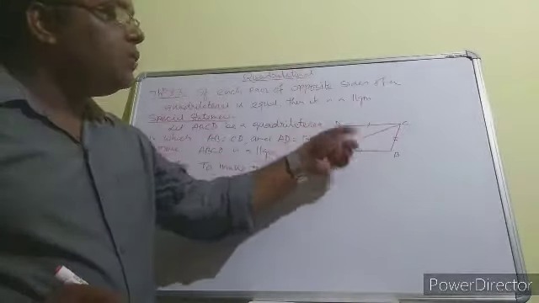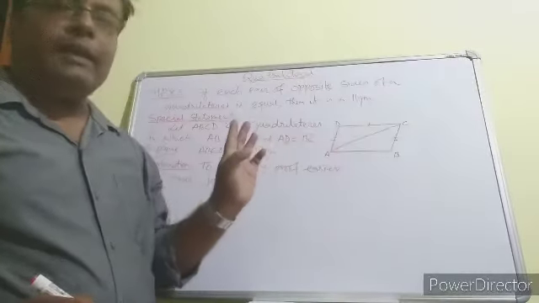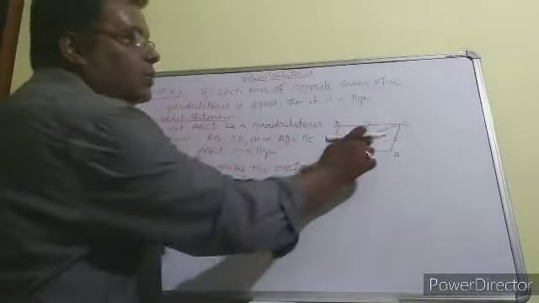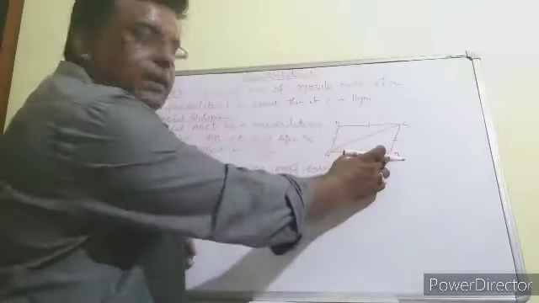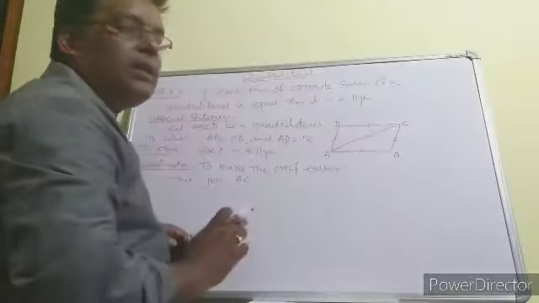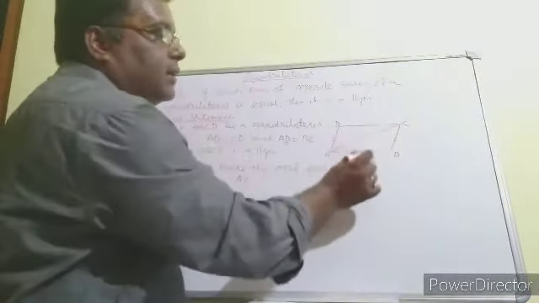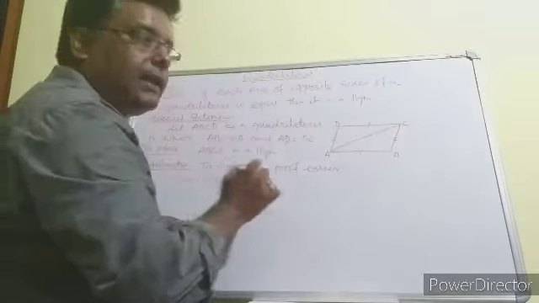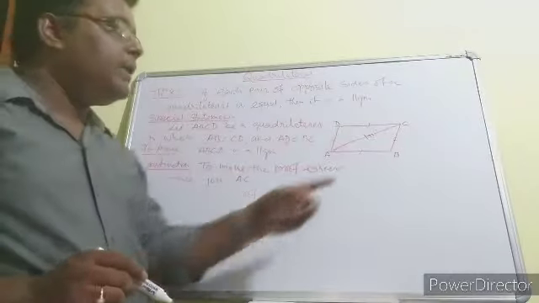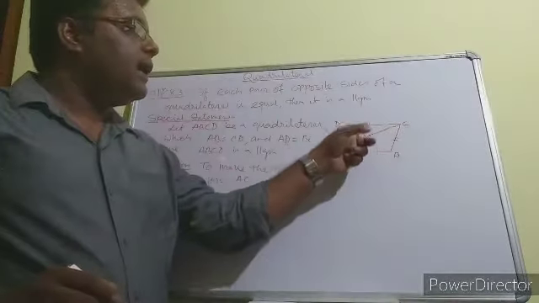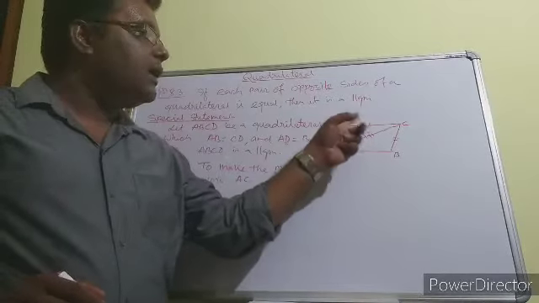We get two triangles ABC and CDA, and in these two triangles, AB of triangle ABC is equal to CD of triangle CDA. Next BC is equal to AD, and AC is the common side. That means all three sides are equal to the corresponding three sides of triangle CDA.